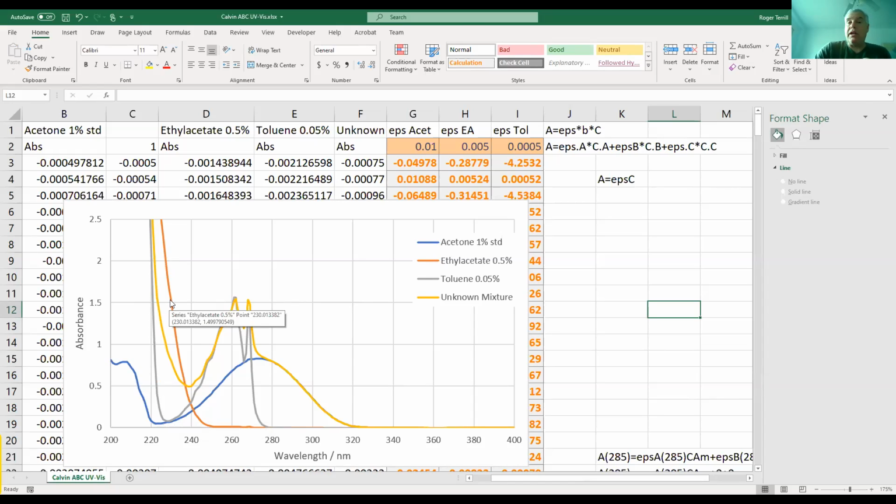So we cannot use them when we apply linest. And then wavelengths above 325 are 0. So we can use them, but they don't help when we apply linest. Okay, so let's try to go from 230 to 340.